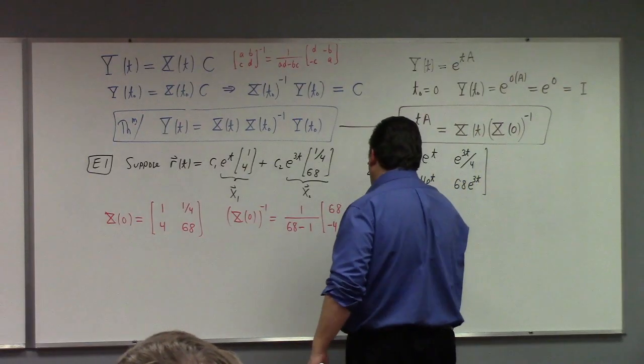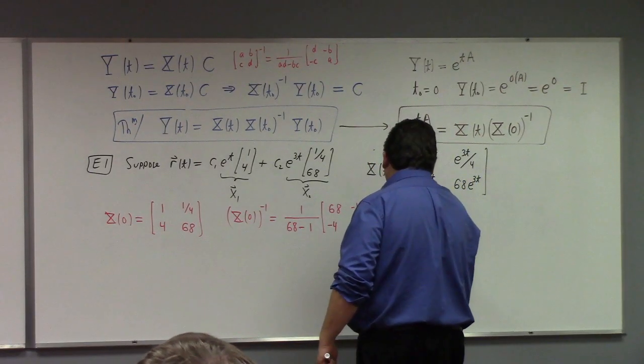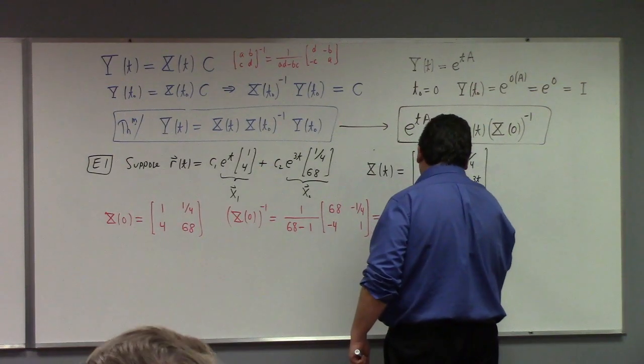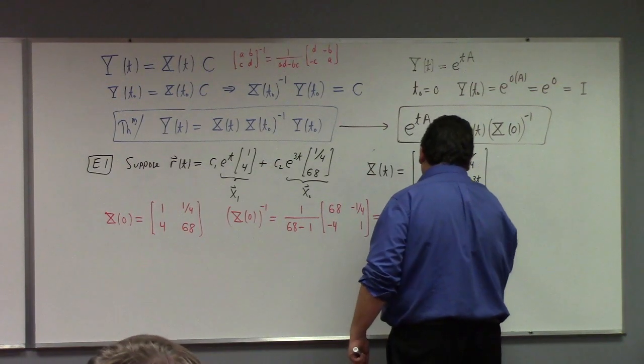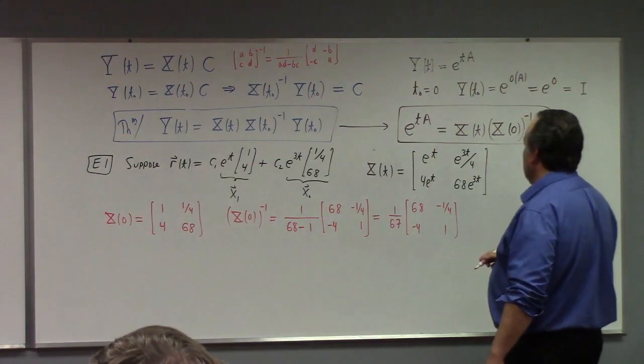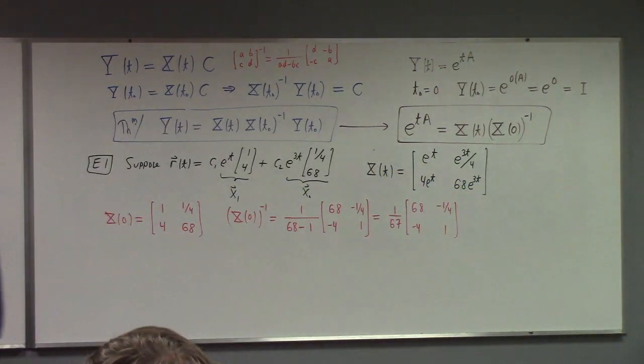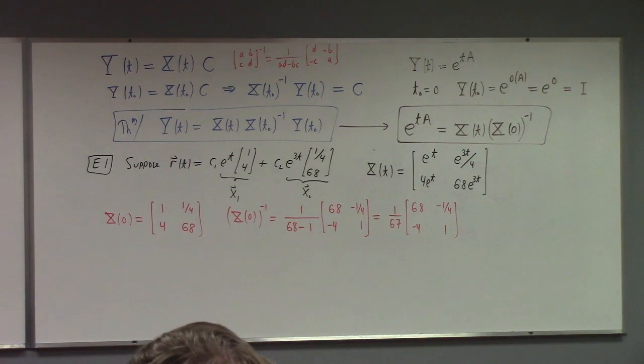So, what do you know? 1 over 67. 68, minus 1/4, minus 4, 1. There's my x inverse of 0. And then, to find the matrix exponential, I'm going to write it over here.